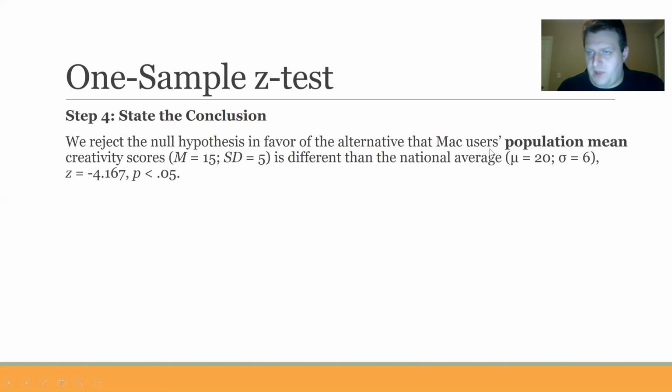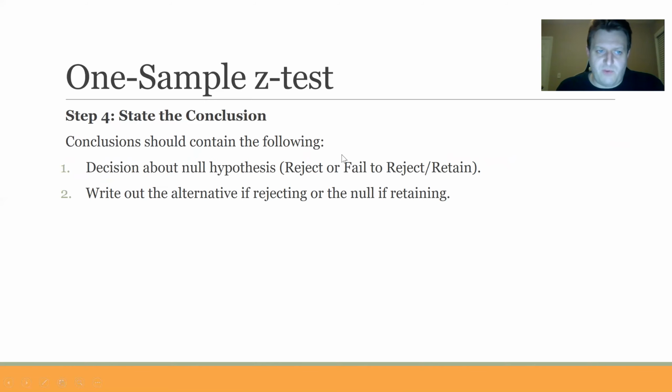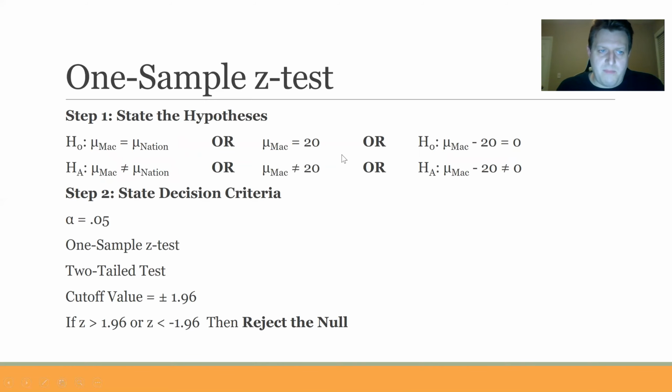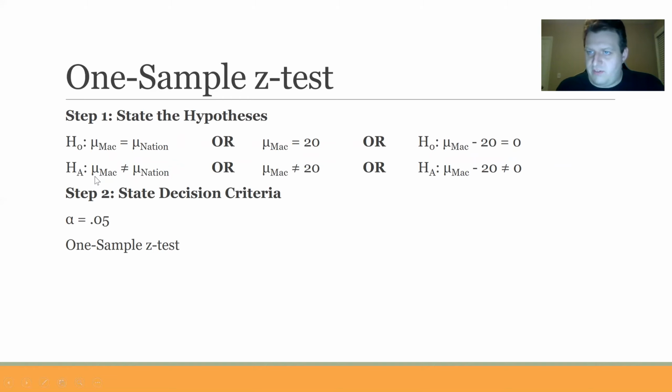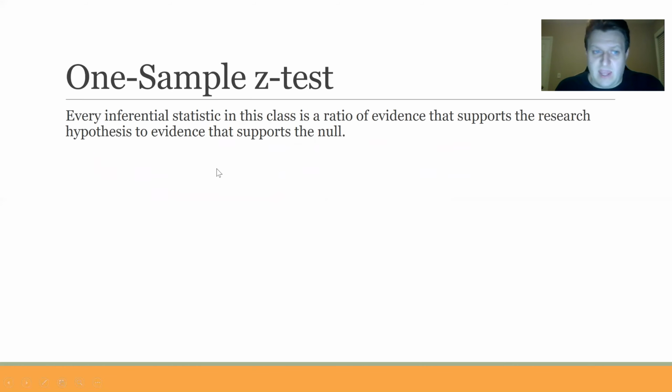I'm explaining what the alternative hypothesis is. In fact, if we were to go way back here, this is the population mean of MAC users' creativity scores does not equal the population mean of the national average of creativity scores. I have written out essentially what's there, just instead of in mathematical notation, I wrote it out in English.